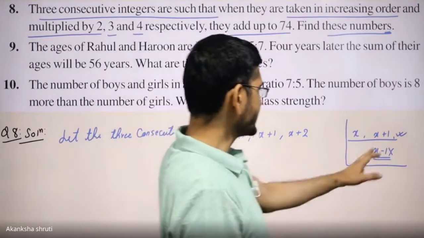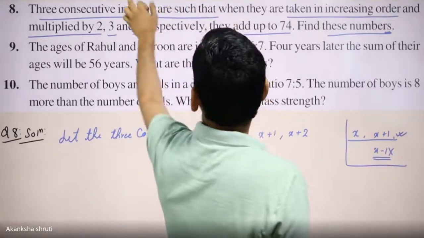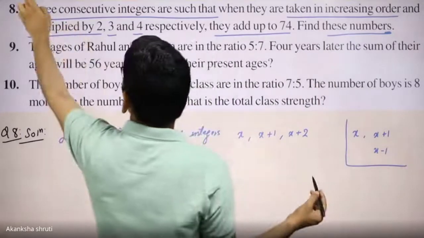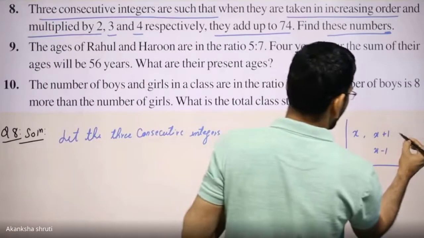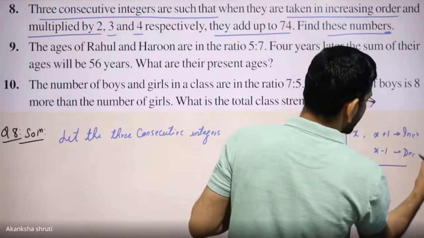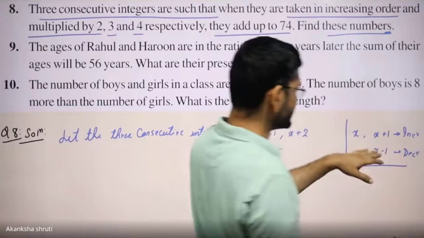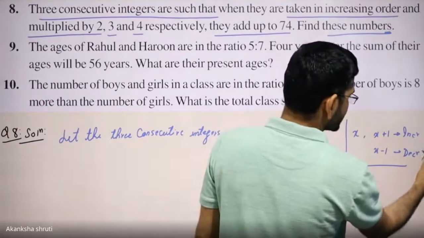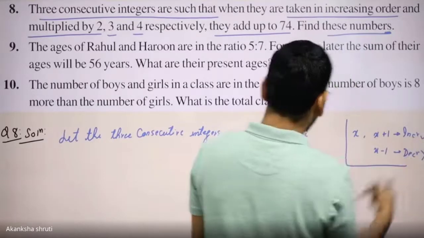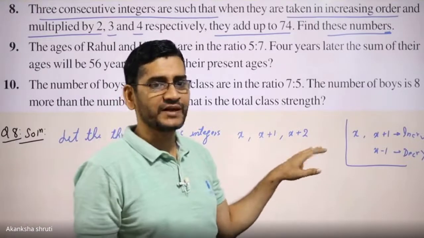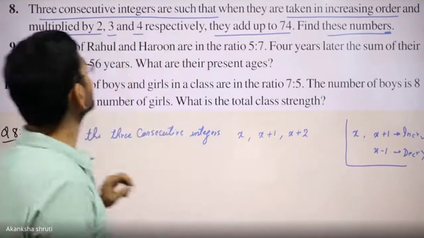Because if we take x minus 1, then it becomes decreasing order. So decreasing need not be taken. So be careful. If it is given in decreasing order, then you need to take x minus 1. But in the question, it is given that it should be in increasing order. So that's why we have taken x, x plus 1 and x plus 2. Okay, students?